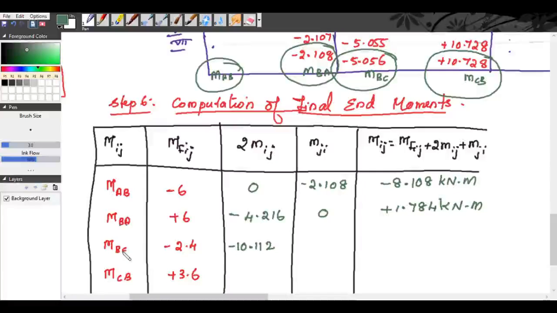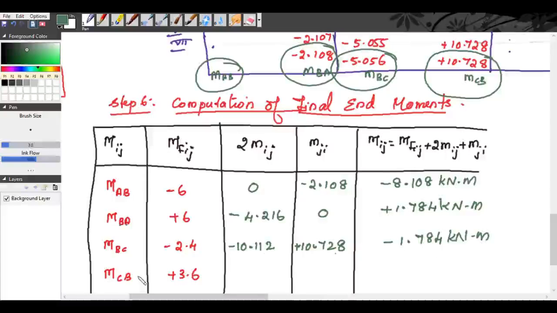Now JI means CB. Small mCB is plus 10.728. So adding all these, minus 2.4 minus 10.112 plus 10.728, we get minus 1.784 kilonewton meter.